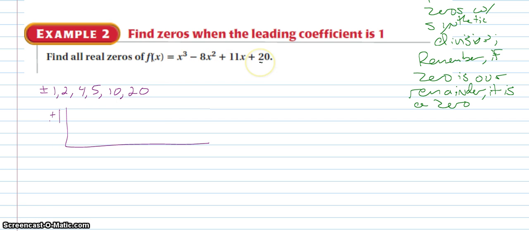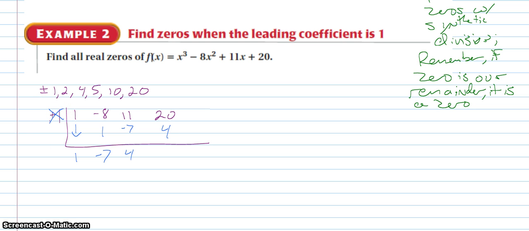We notice we are not missing any degrees, so we have 1, negative 8, 11, and 20. So, as we did before, drop down, multiply by 1, we have 1, add, negative 7, multiply, so we have negative 7, 11 minus 7 is 4, 4 times 1, okay, so that's not going to work.